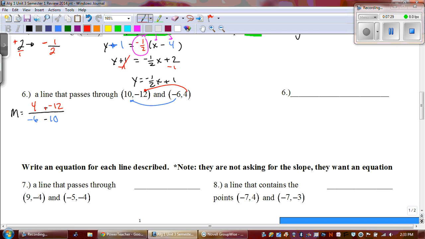Okay, on the top we can do click click. 4 plus 12 is 16. Negative 6 minus 10 is negative 16. And 16 divided by negative 16, that gives us a slope of negative 1.